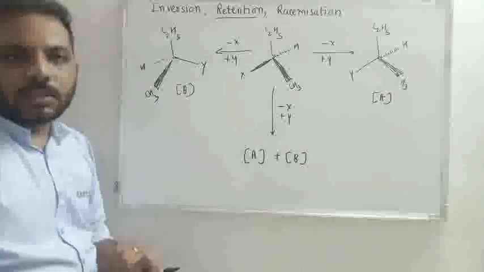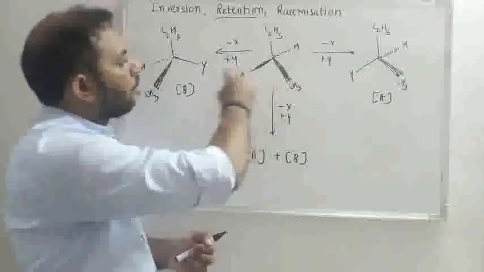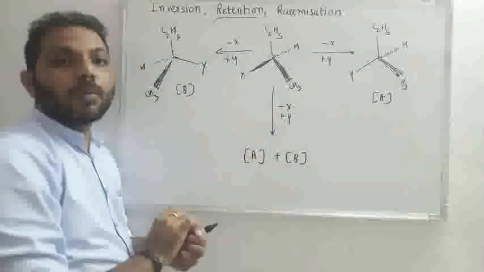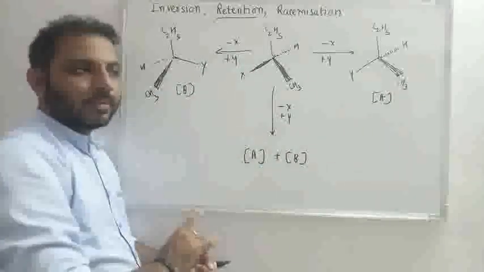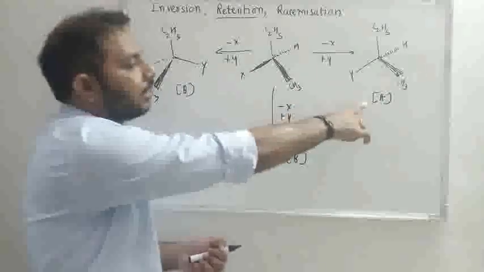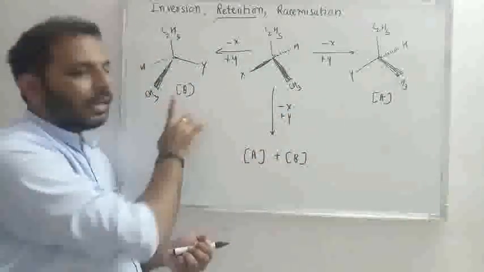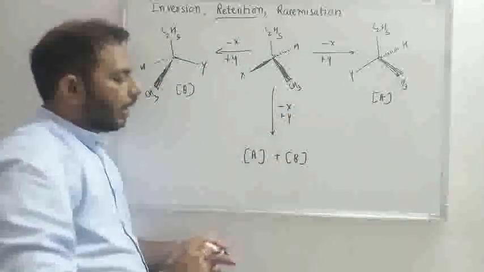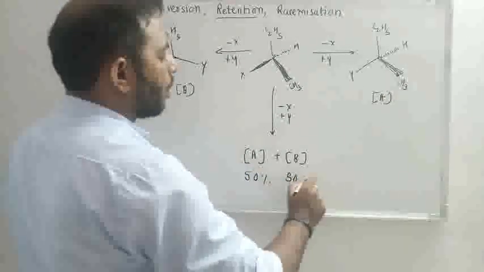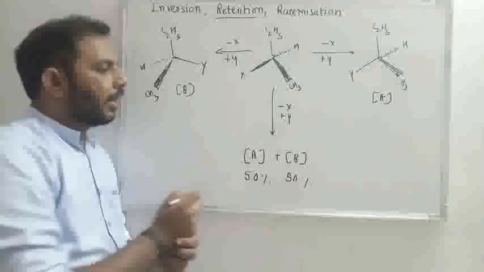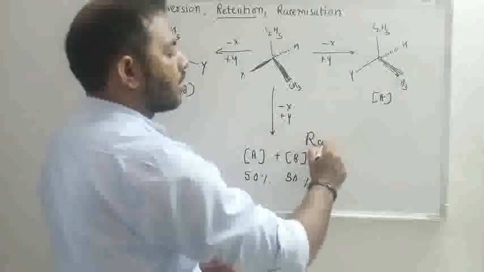Now in some cases both types of reaction take place, and then we can get both products A and B. A is retention, B is inversion. So we get 50% A and 50% B. Then we can say that racemization has taken place.